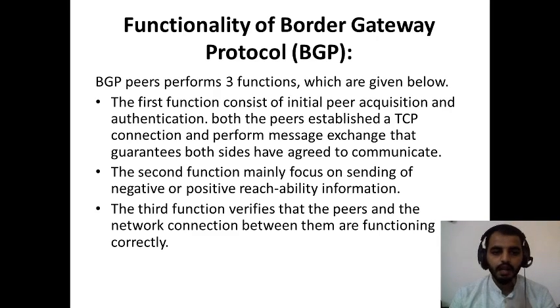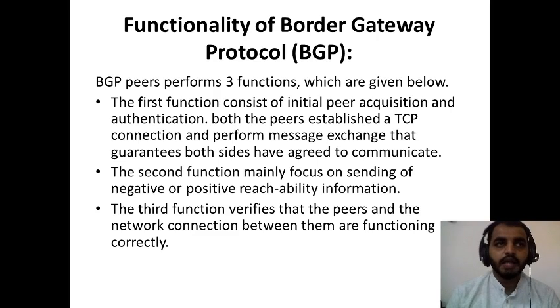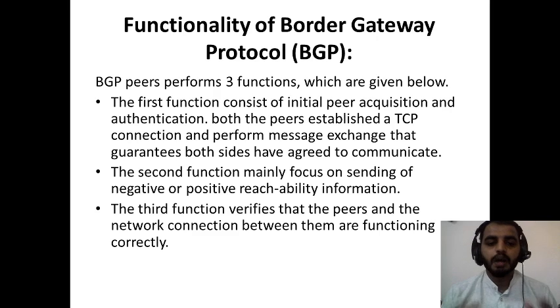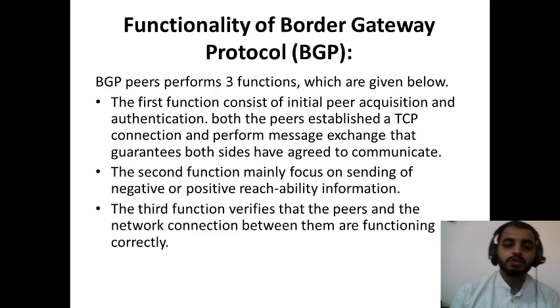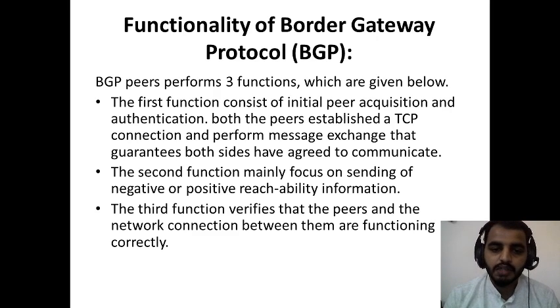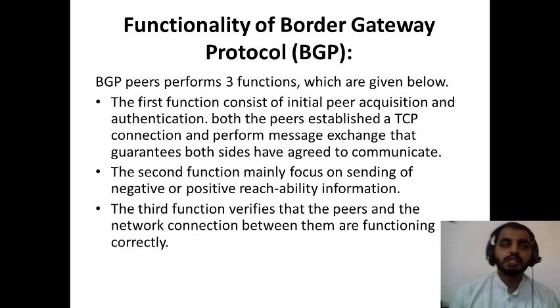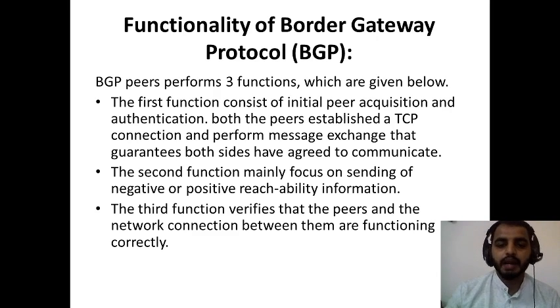Now, coming to the third point, the third function verifies that the peer and the network connection between them are functioning correctly. After the connection is established, there should be proper communication. It should verify whether there is proper communication between the routers, whether something is creating traffic congestion, or whether the packet has taken an alternative path.